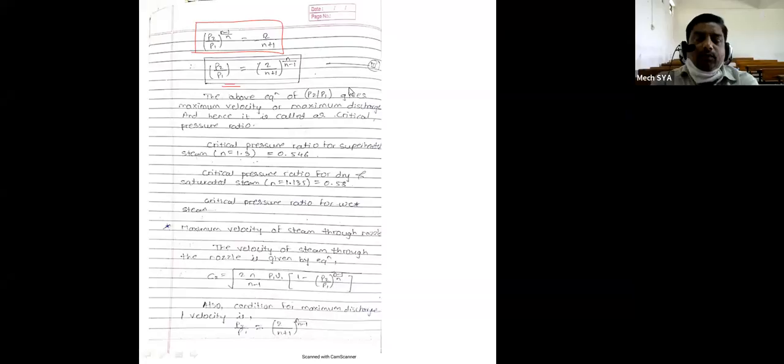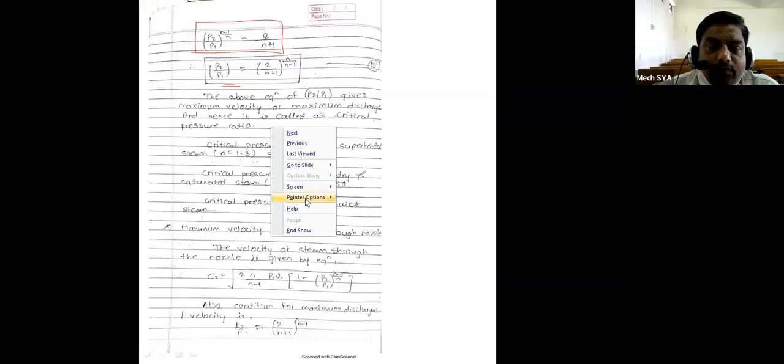Okay, so P2 upon P1 is equal to 2 upon (n plus 1) raised to n upon (n minus 1). This ratio is called the critical ratio, the condition for maximum discharge, and this is the critical pressure ratio. The above equation of P2 upon P1 gives maximum velocity or maximum discharge, and hence it is called the critical pressure ratio. We have defined critical pressure ratio as the pressure ratio which will give maximum mass flow rate.